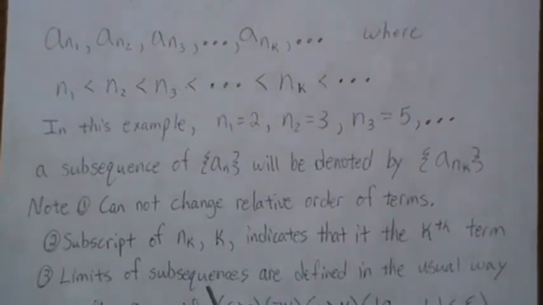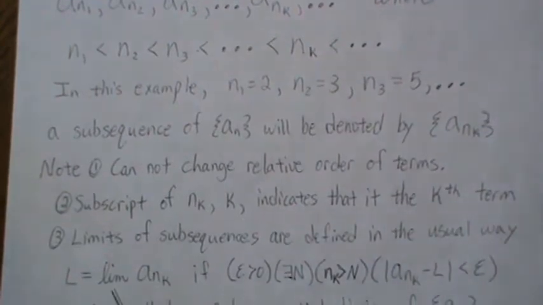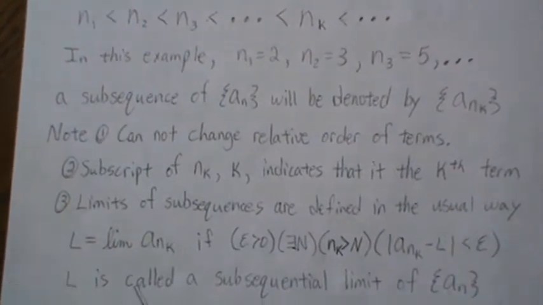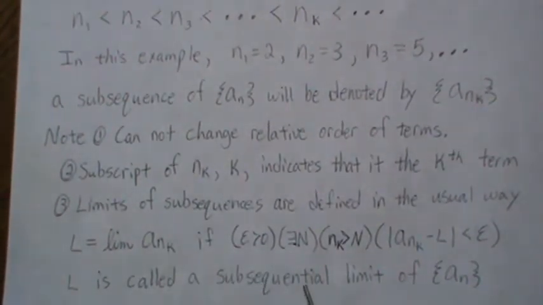The limits of subsequences are actually defined in the usual way. So if L is a limit of a subsequence, that means for every epsilon greater than 0, there exists an N such that when n_k is greater than N, then this limit condition holds. That means that we're getting really close to this limit L, for any small epsilon. Now, that means L is called a subsequential limit of our original sequence a_n.